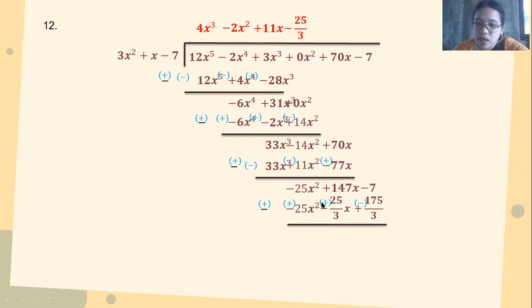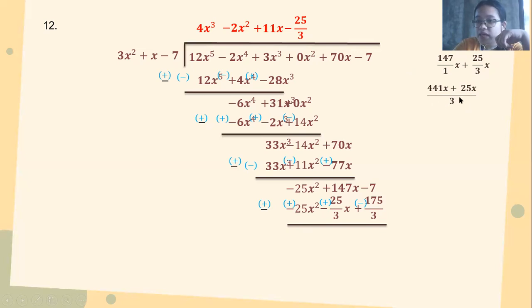147x plus positive 25 over 3x. So, dito naman, mag-a-add tayo ng fraction. So, 147x plus 25 over 3x, automatic 147 or yung mga whole number natin ay may 1 na denominator. So, first ay maghahanap tayo ng kanilang LCD, which is 3.